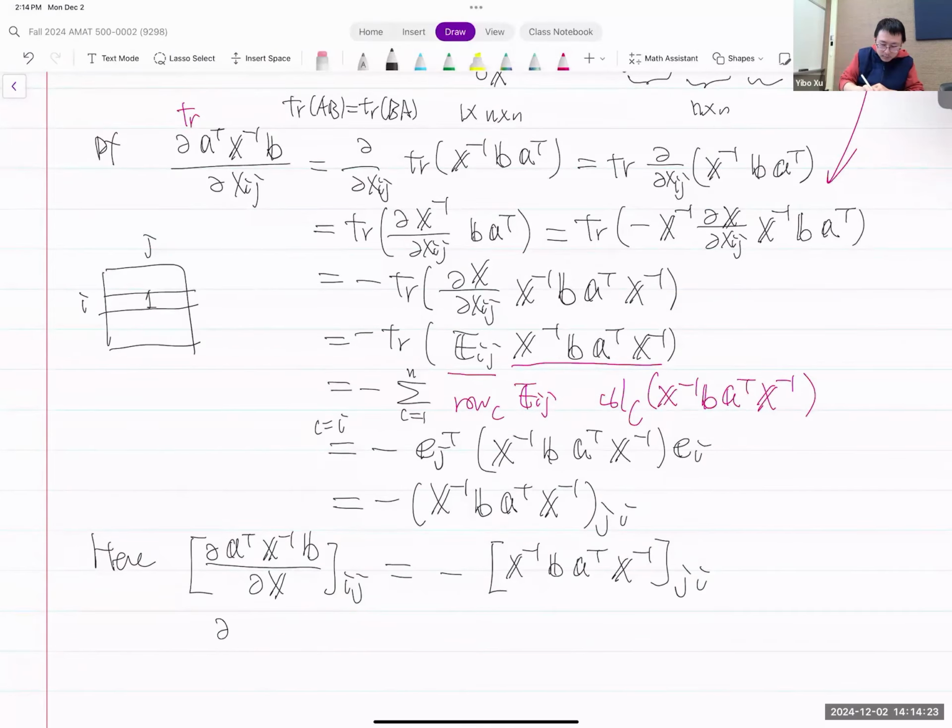That tells you the left-hand side and the right-hand side are transposed to each other.